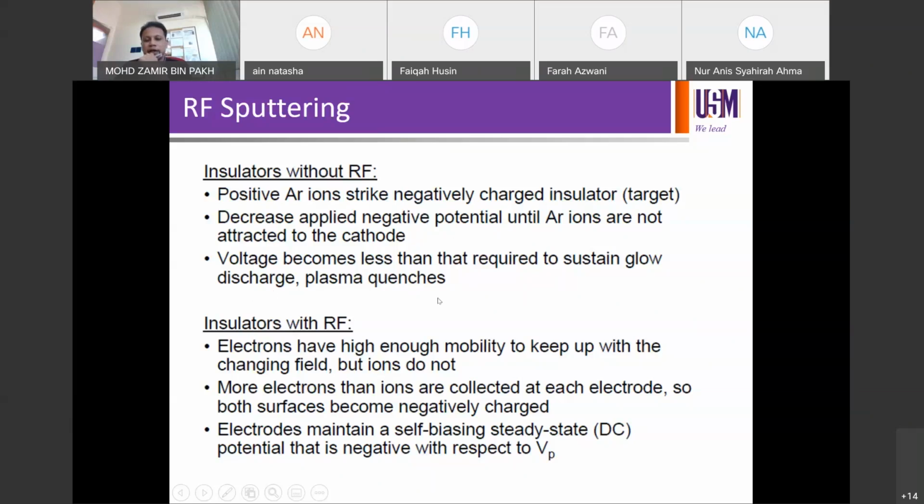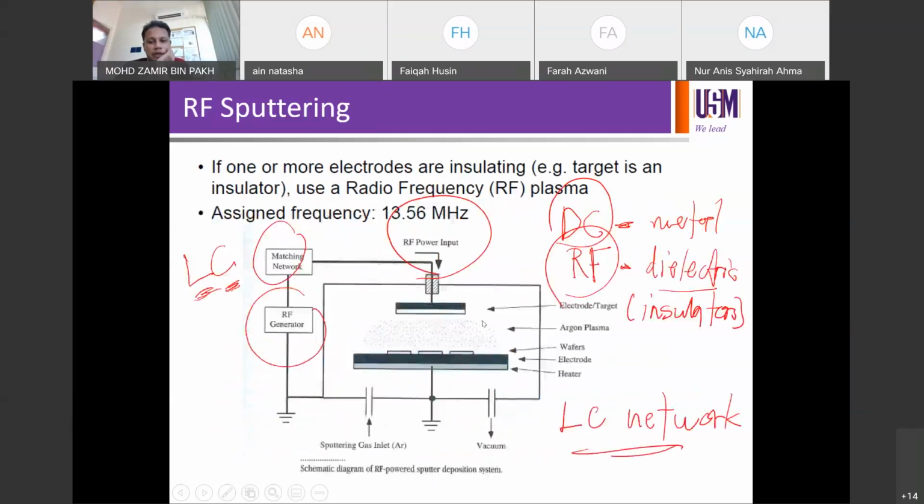So you're gonna have your plasma die off because if you notice, if you use RF, it's gonna use an AC power source. So it is gonna be sinusoidal cycling of your power source. AC network.